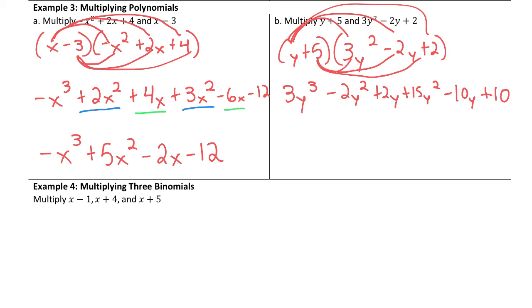And again, like terms. 3y cubed has no like terms. Negative 2y squared, positive 15y squared, 13y squared. 2y minus 10y, negative 8y, plus 10. Combined all the like terms, totally simplified.